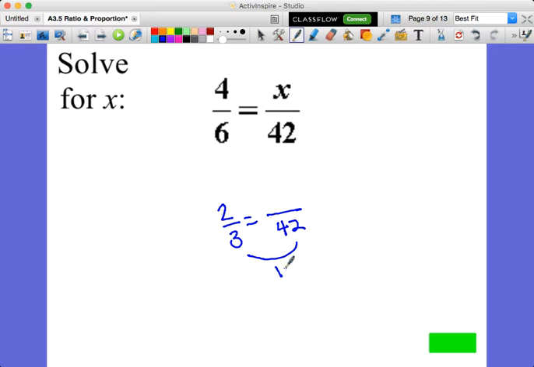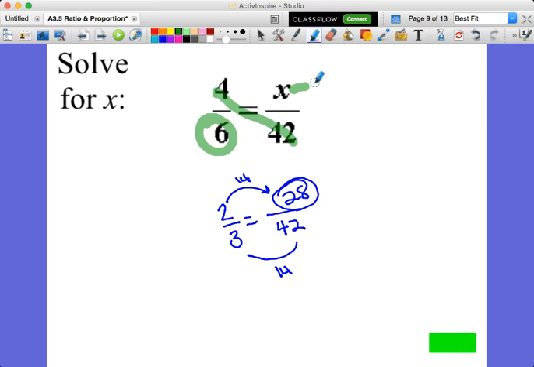So this goes in 14 times. So I've got to do 2 sets 14 times, and that's going to be 28. Again, if I don't want to do that, 2 times 42 divided by 3 equals my 28. Cross multiply and divide, or get a scale factor.